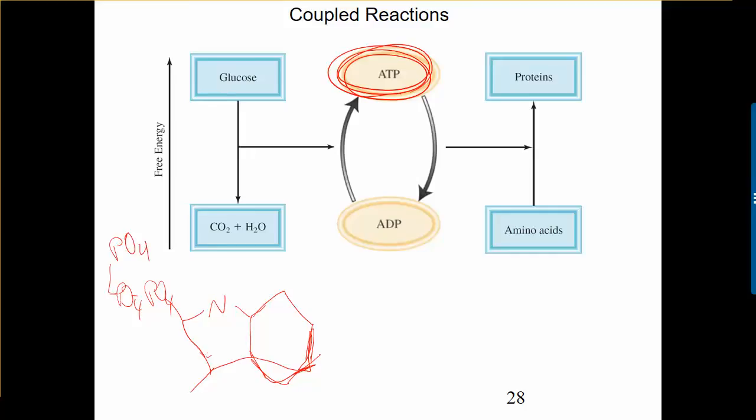And do you know how hard it is to stick that 3rd phosphate on there? It's tough. And so when it's stuck on there, that last phosphate is storing all this energy in the bond, and it's just barely holding on.